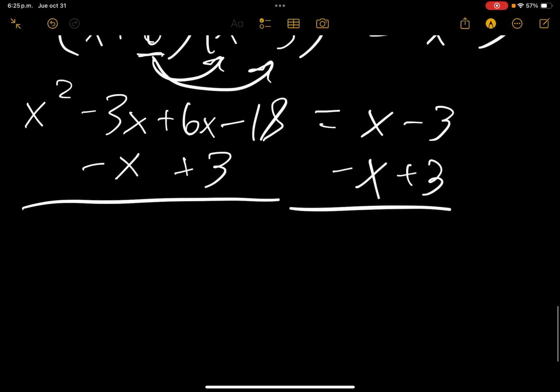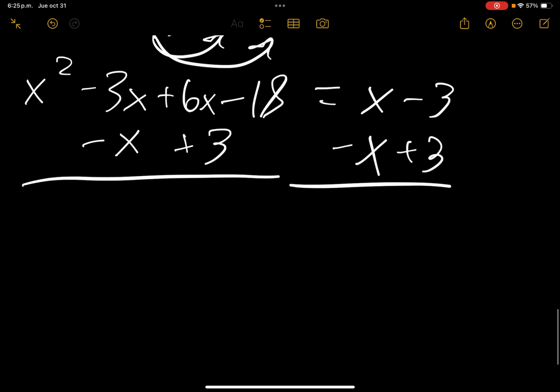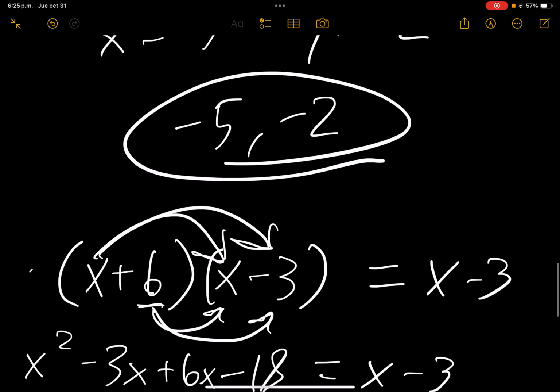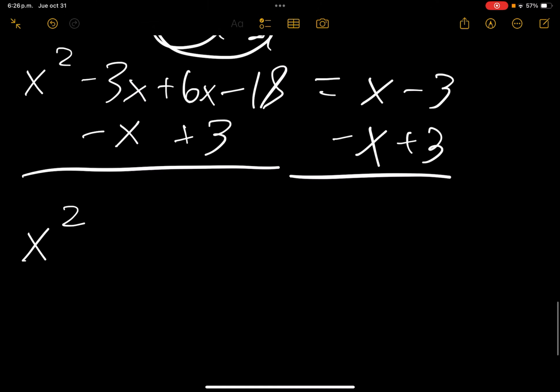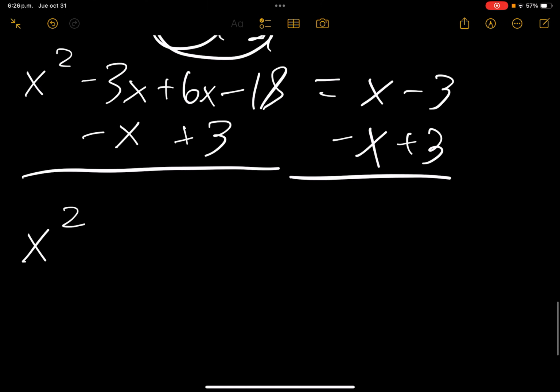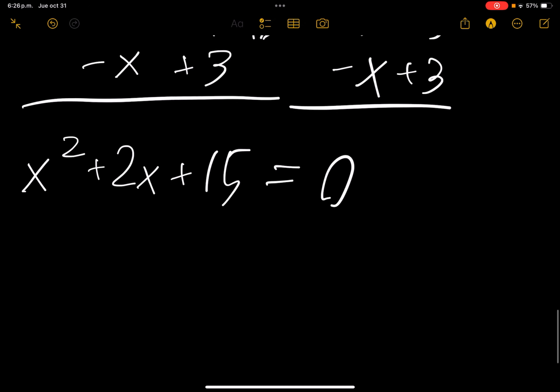So let's do that. If we do that, we then get x squared, minus 3x plus 6x minus x. And don't worry if you're not entirely following along here. As I was saying, this is the much harder way. This becomes positive 2x, and then negative 18 plus this becomes plus 15, which equals 0.